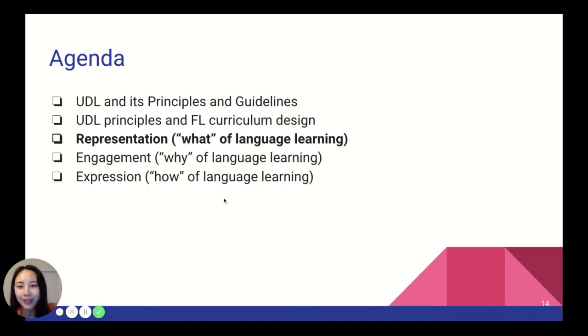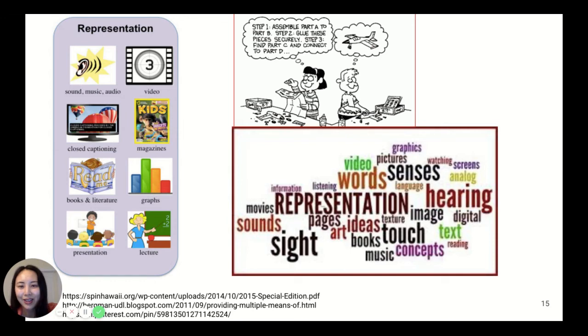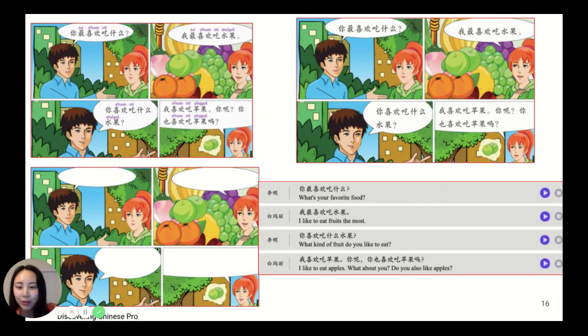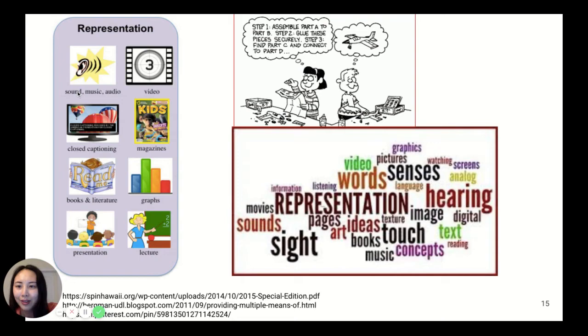Now let's look at representation. That's also the what of language learning. So representation is about how we deliver the content to students, how students get the information, get the language they need to accomplish certain goals. And as a teacher, we are going to design the curriculum that delivers information in multiple media.